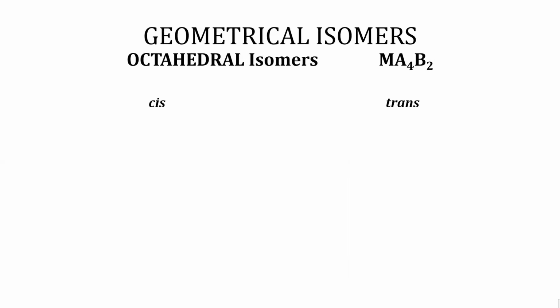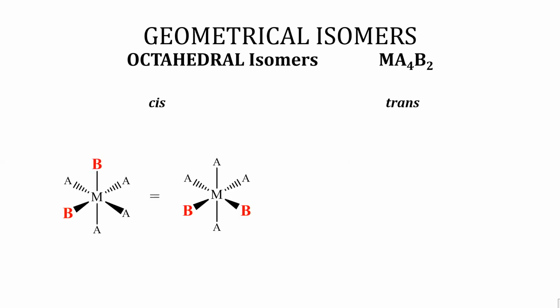Octahedral isomers that exhibit geometrical isomerism are ones with one of three molecular formulas. One is Ma4B2. The cis isomer has the B ligands both on the same side of one of the trigonal planar structures.